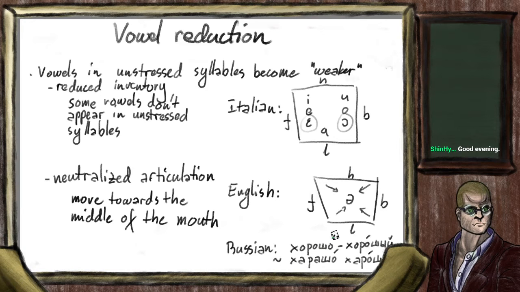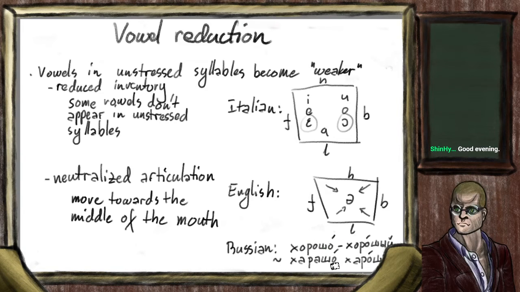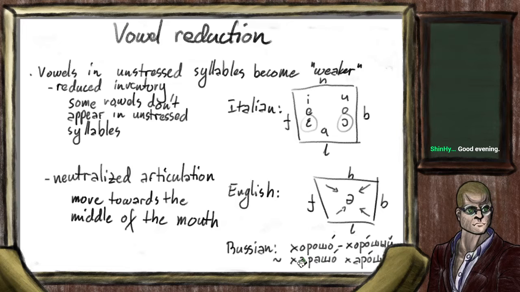I have these two words here. One is хорошо. It is pronounced the same as the lower one with A, but it is written with O, because historically it was хорошо. But the unstressed syllables have been reduced, and in the case of Russian, this is often a movement towards the lower parts of the mouth.